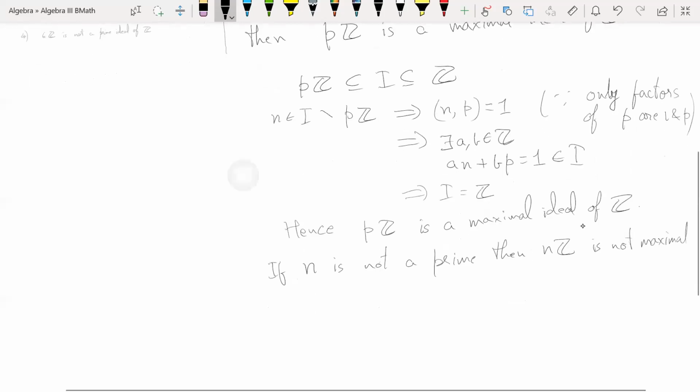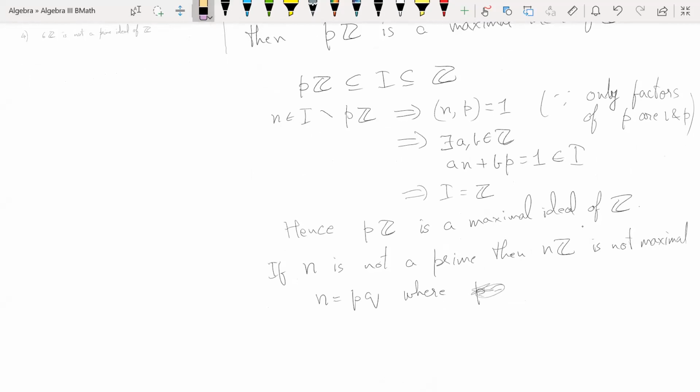Why? Because then you can write N as P times Q, where the absolute value of P and the absolute value of Q are strictly greater than 1.